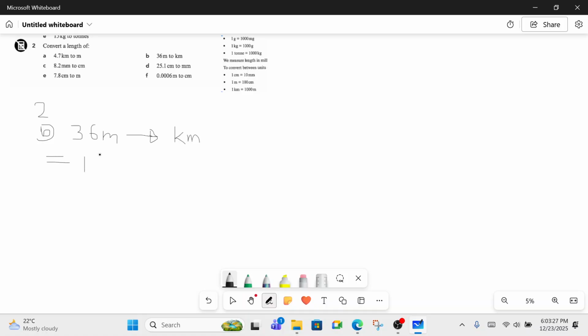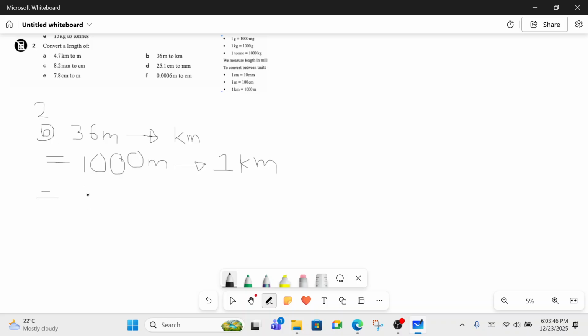So 1,000 meters represents 1 kilometer. Okay.